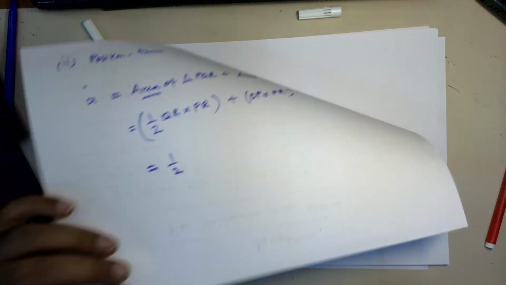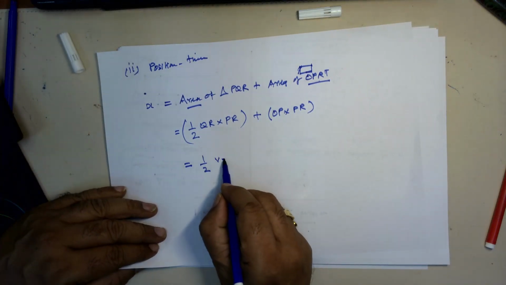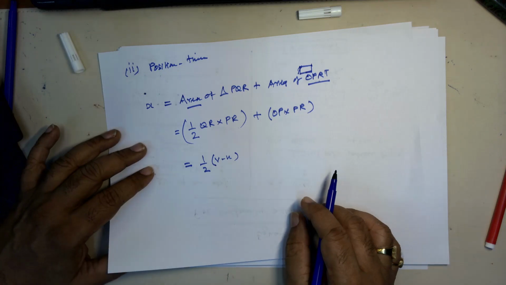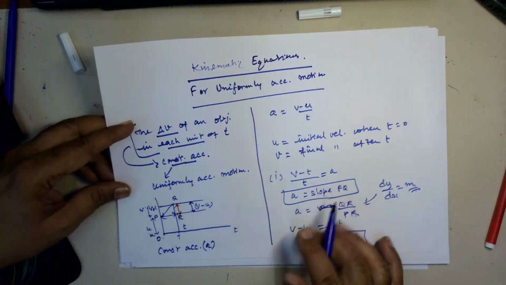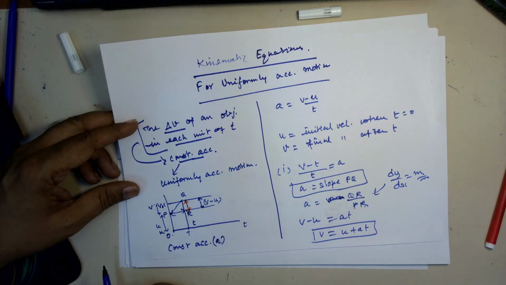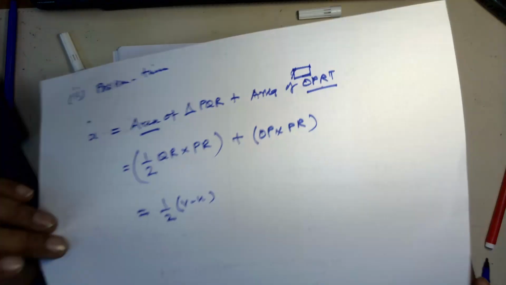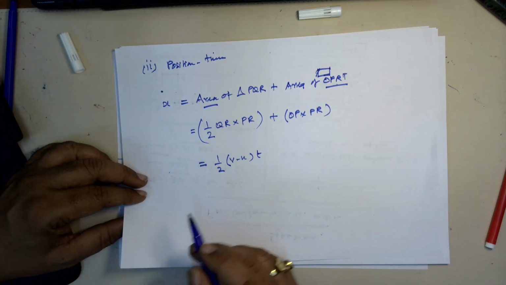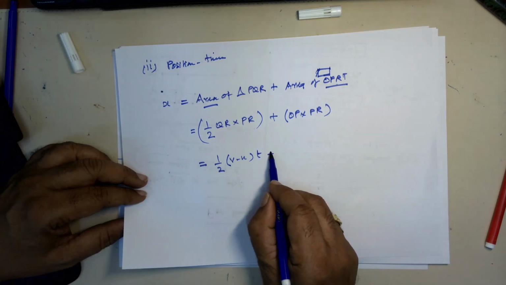So you can put V minus U instead of QR. And what is PR? PR is T. Very good. That is the time taken. So T, right? And plus.